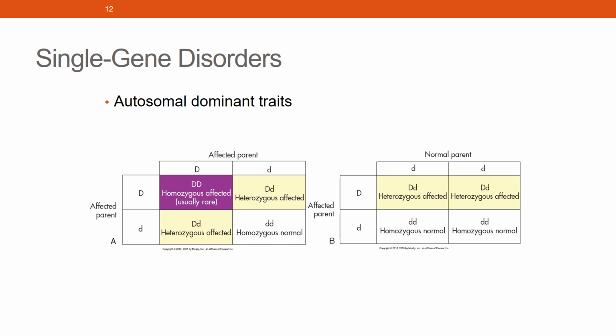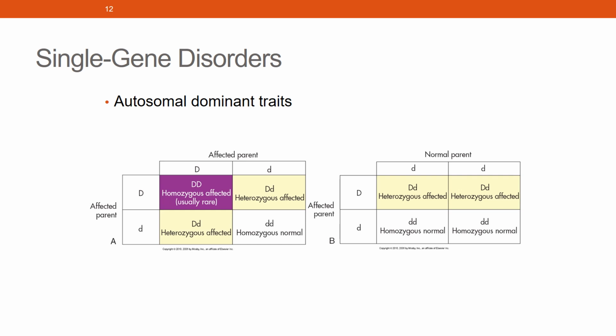More commonly, you will see a situation where an affected parent meets an unaffected parent, and the probability of the offspring having the disease is only 50%, because one parent will always donate the affected gene, and the other will always donate the unaffected gene.